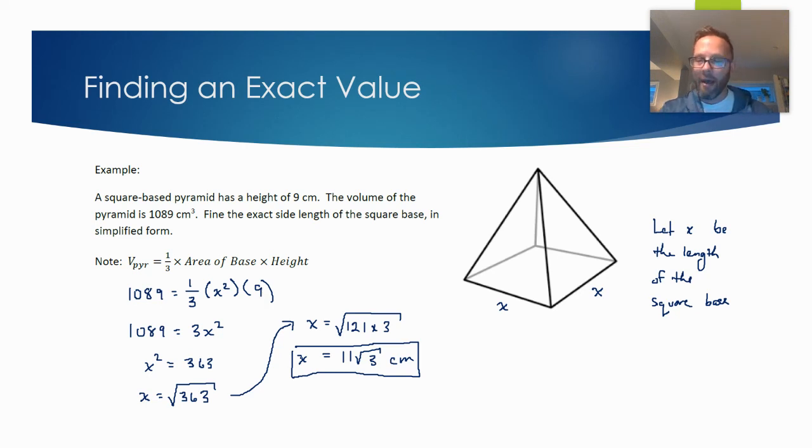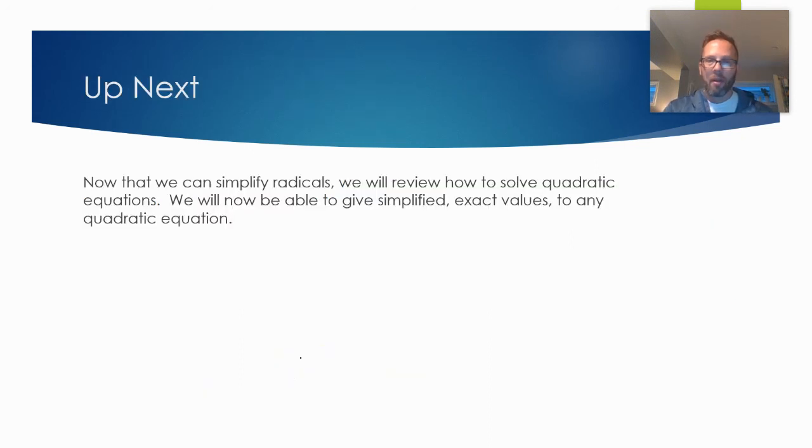So now that we have learned how to simplify radicals, we're going to review how to solve quadratic equations. So maybe you remember the quadratic formula from your grade 10 math course, negative b plus or minus. Some of you guys may even know a song or some kind of rap or something, all over 2a.